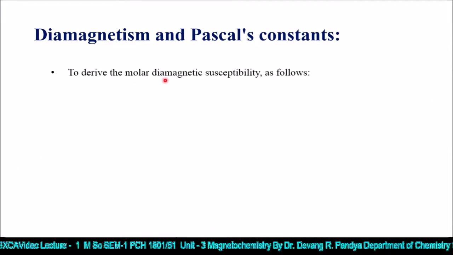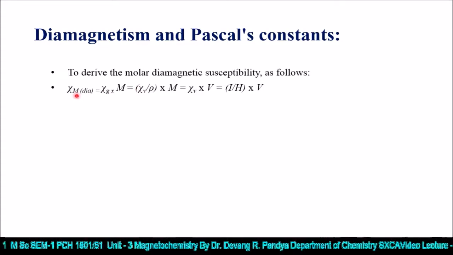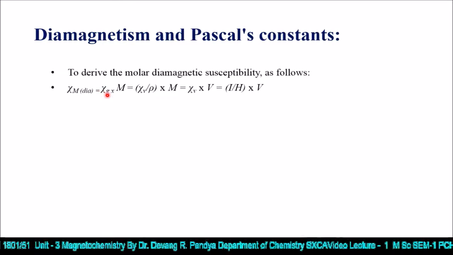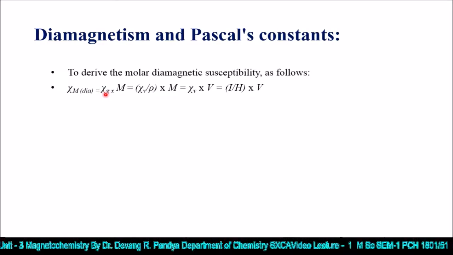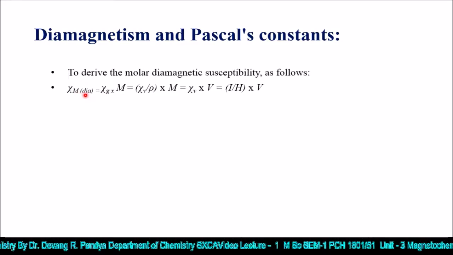To derive the molar diamagnetic susceptibility, we follow: χ_M (diamagnetism) is equal to χ_g, that is gram magnetic susceptibility, into M. This is the molar magnetic susceptibility of a diamagnetic material.